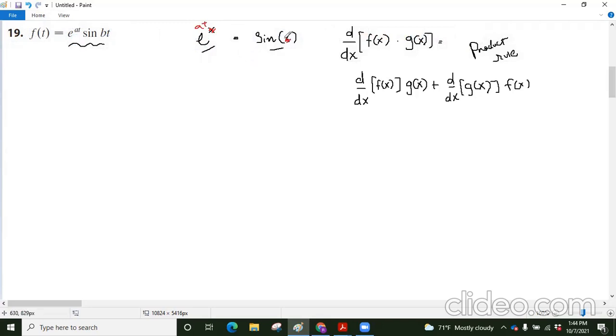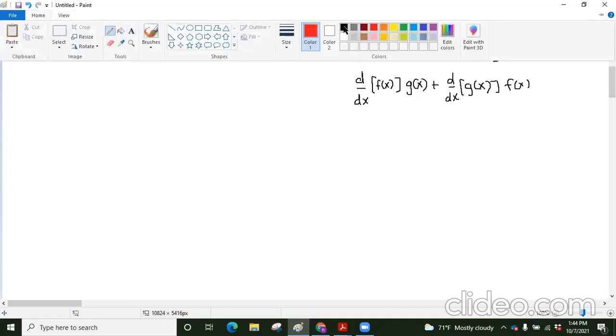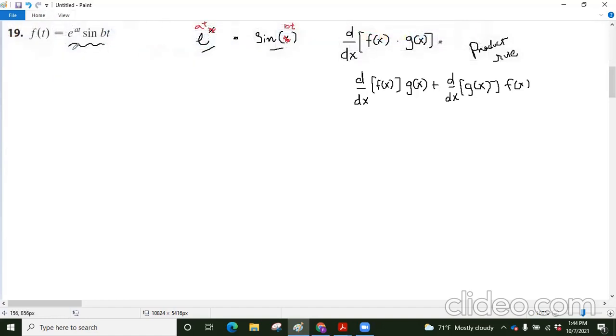And then instead of having x inside the parentheses of sine, you have bt. But we're going to get to that stuff, but that doesn't change the underlying fact that this is nonetheless two functions being multiplied together. So essentially we are going to put these two functions in this form so that we know what we should take the derivative of, what we should multiply with, and so on and so forth.